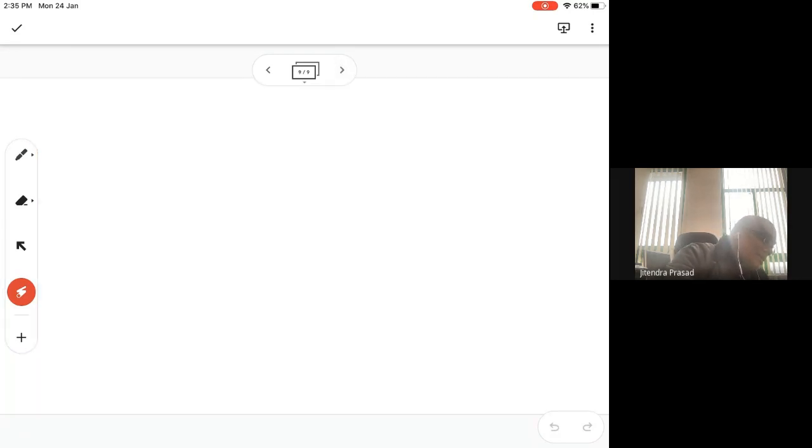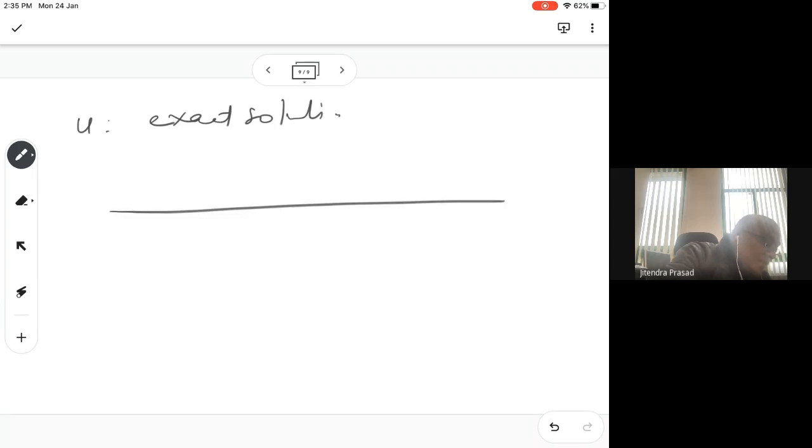What is the meaning? If U is the exact solution, let us say you are plotting it with x, and here you have U. Then what is this value?